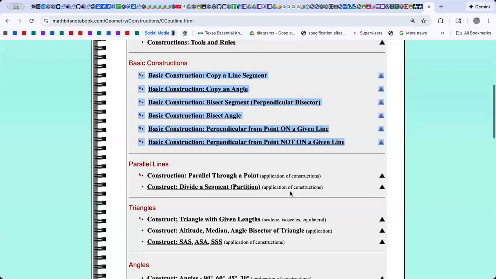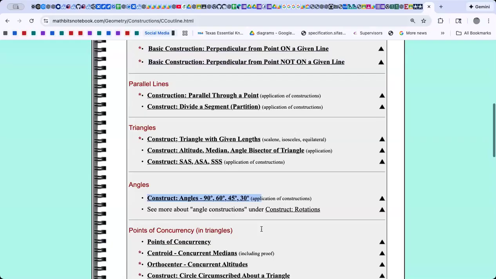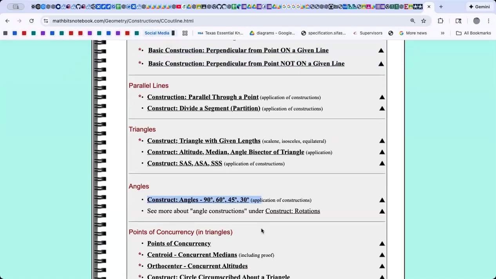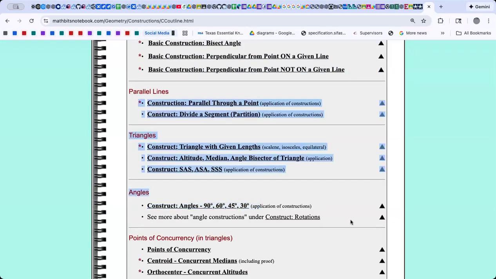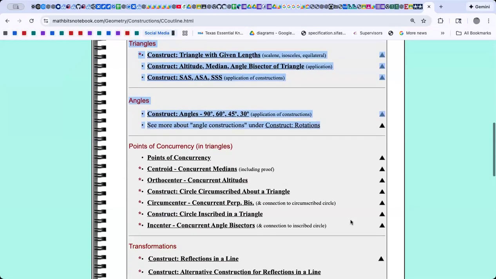I have not gone through constructing a parallel through a point, or the construction of altitude, median, and angle bisectors. These are quite important, and constructing angles of 90, 60, 45. Those are the things you should be familiar with, and I have not gone through them. It would be nice, meaning you don't need to know too much.